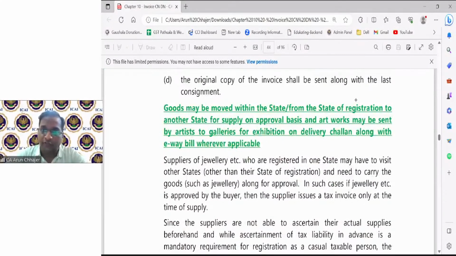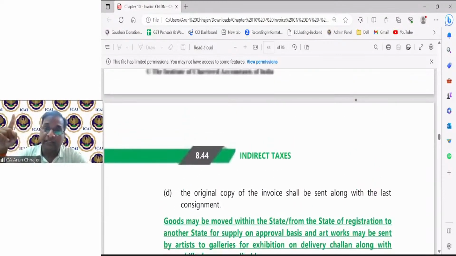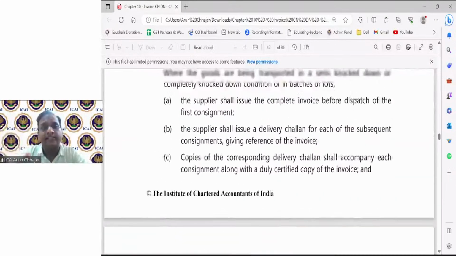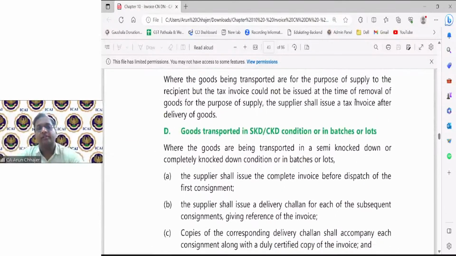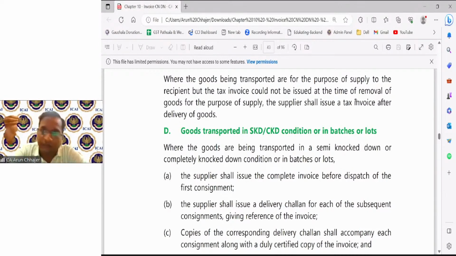From page number 44, we will do the same in the last class, but this is the last discussion. Goods transported in SKD, CKD condition or in batches or lots. What is SKD or CKD? Semi knockdown and complete knockdown. It means, let's say there is a plant and machinery which I have to transport from one location to another location, and it cannot be carried in a single conveyance.